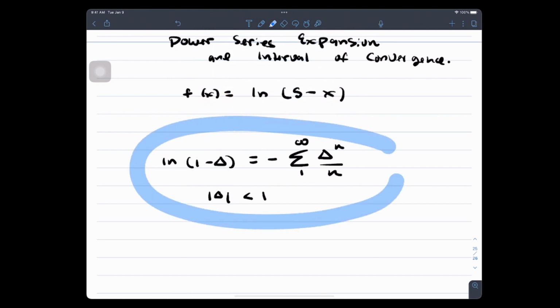Okay. So the question is going to be, well, how do I even use this? I'm sorry, I made a mistake. That's 5 minus x. I apologize. Okay? That's what they want, the power series expansion for this.